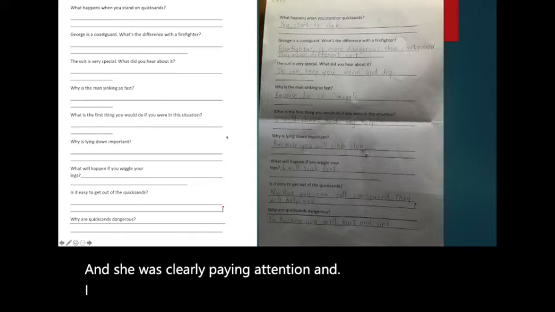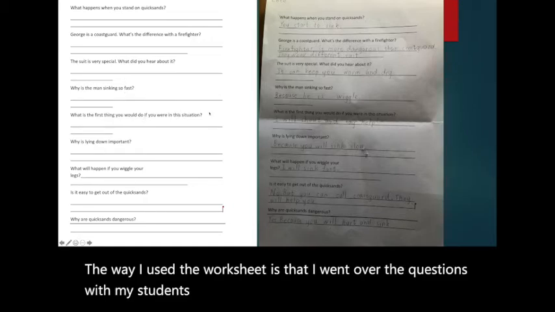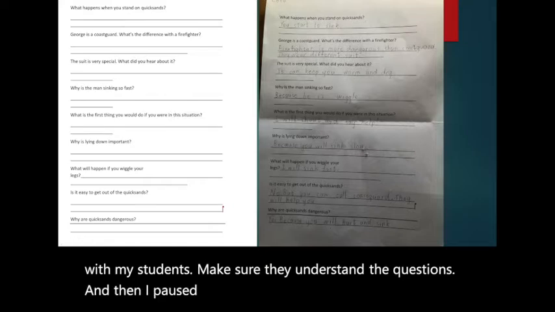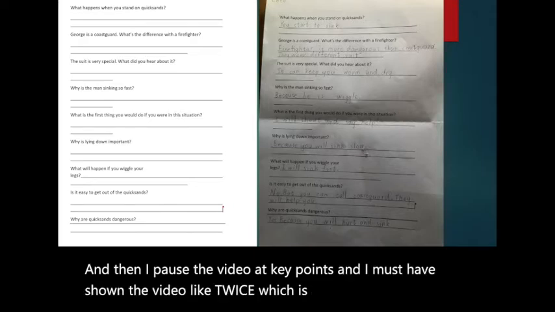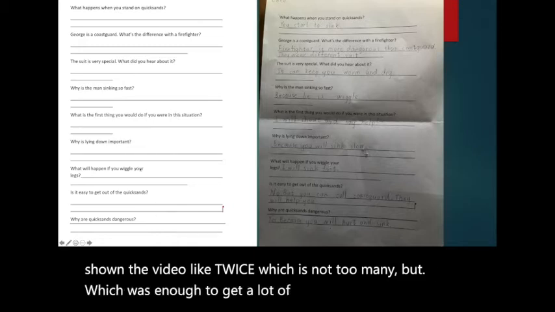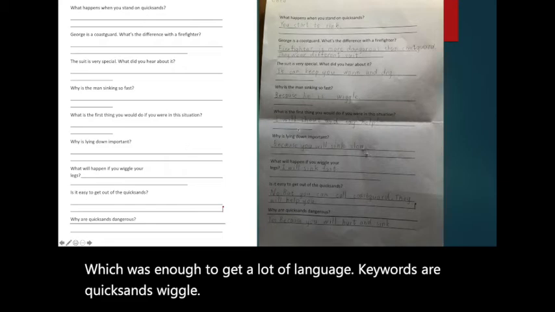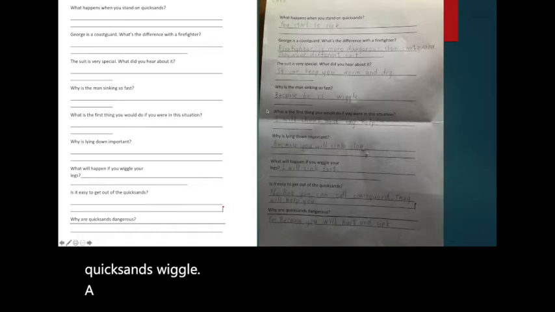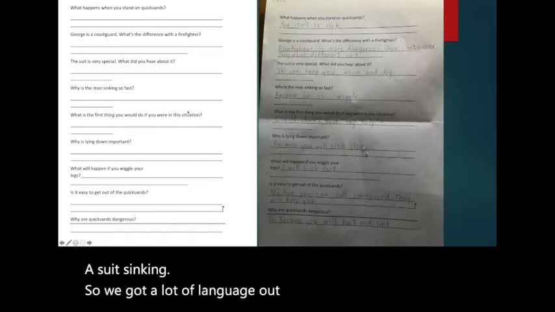And the way I use the worksheet is that I went over the questions with my students, made sure they understand the questions, and then I paused the video at key points, and I must have shown the video like twice, which is not too many, but which was enough to get a lot of language keywords like quicksands, wiggle, suit, sinking. So we got a lot of language out of that video.